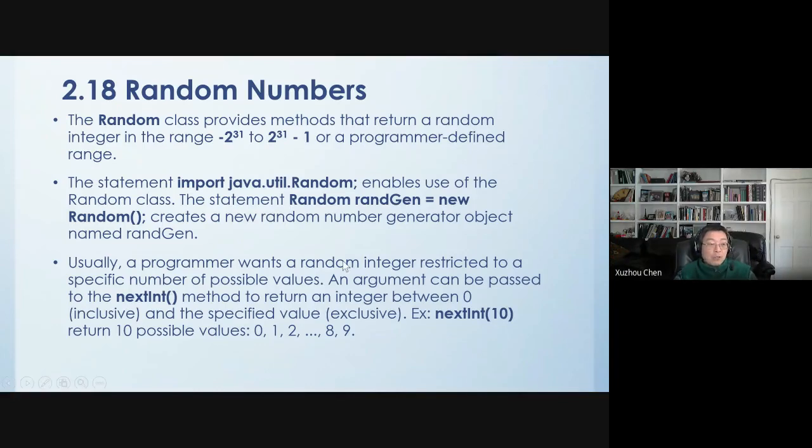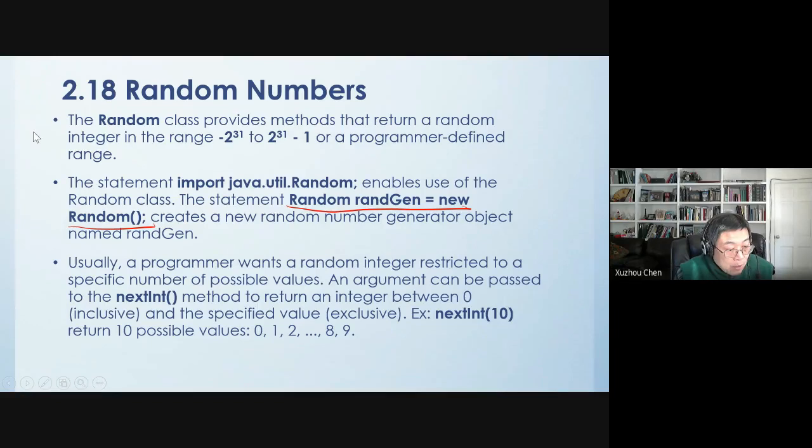You just define a Random object and generate a random number using something like nextInt. Every time you call nextInt, you get a number that is random. This time you get 3, next time 4, next time 20. You never know. That's a random number.